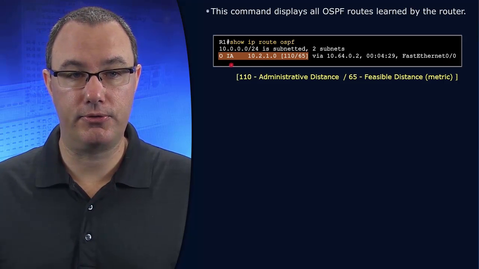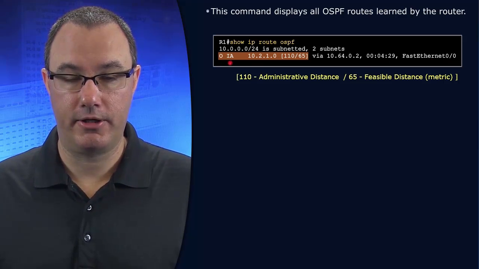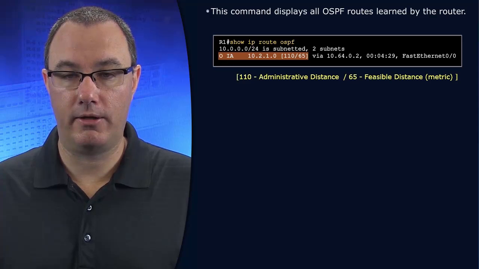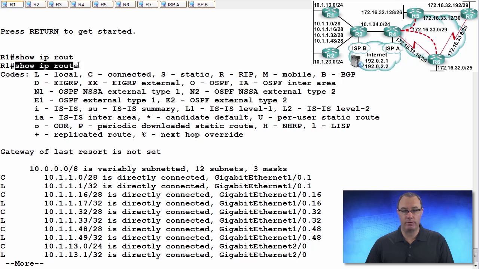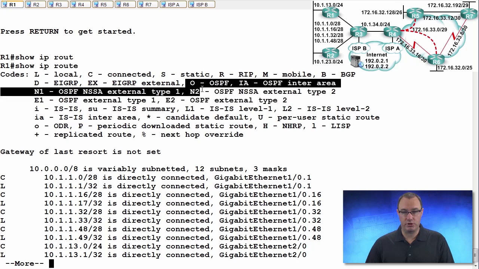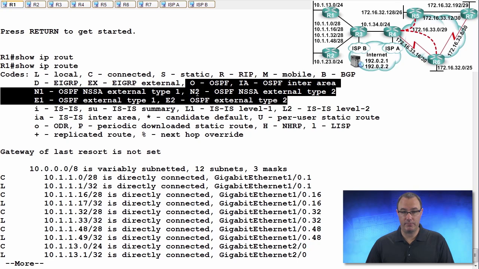Now let's take a closer look at the IA there. What is that? Well, we have a legend inside of the show ip route output. That legend shows us the OSPF routing types, which we can see here: O, IA, N1, N2, E1, and E2.